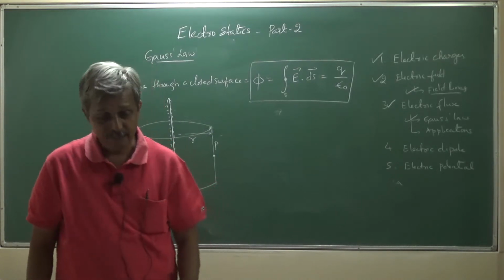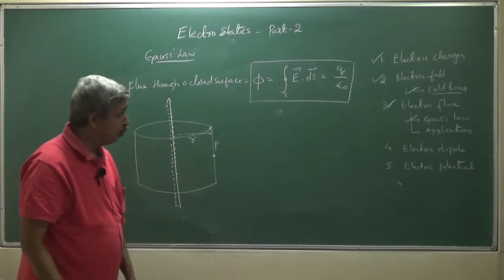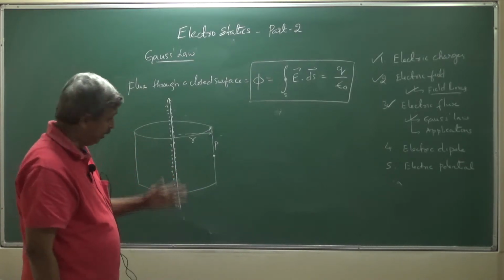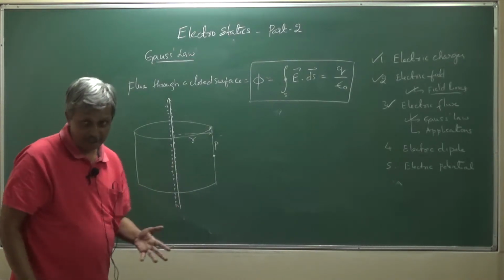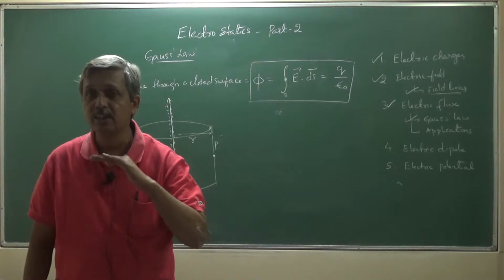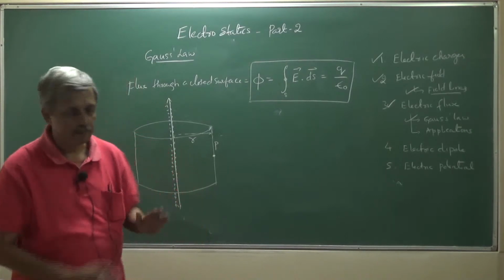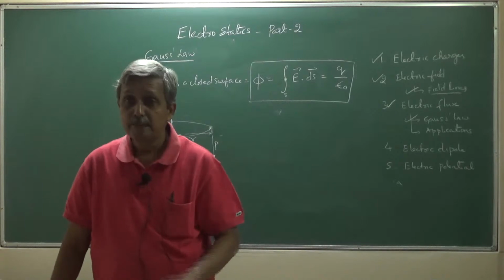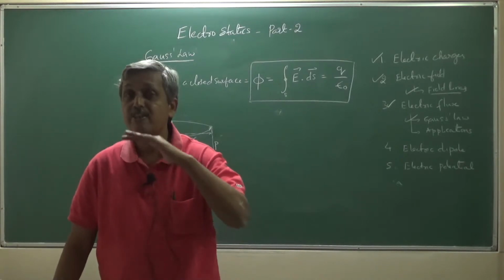So what will happen if you consider a cylinder? The cylinder is a closed surface. Closed surface means both sides are closed. Remember that I am taking an imaginary cylinder, not a real cylinder.